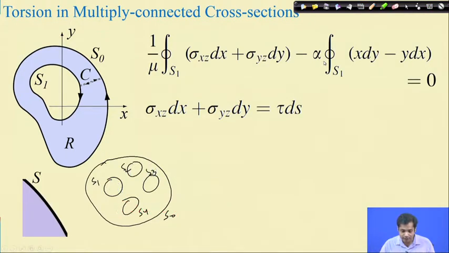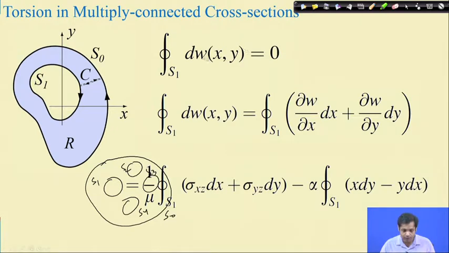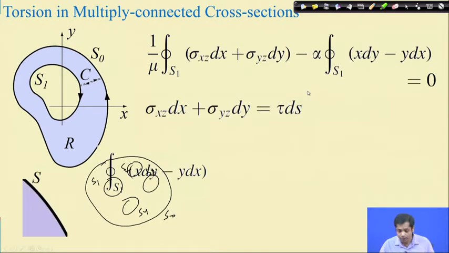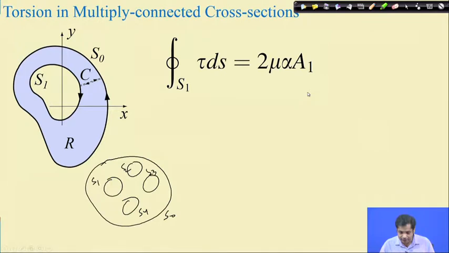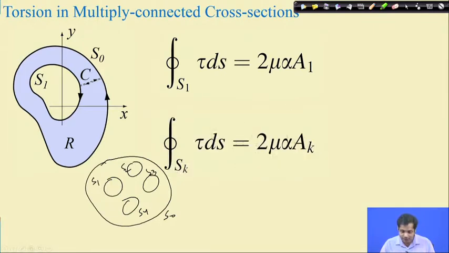Finally, if we substitute that, the expression we get is this. So, for the kth loop, it will be this. For every loop, this condition needs to be satisfied. In the first figure, k is just 1.